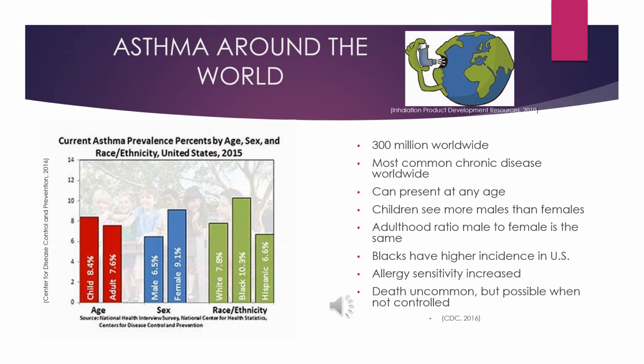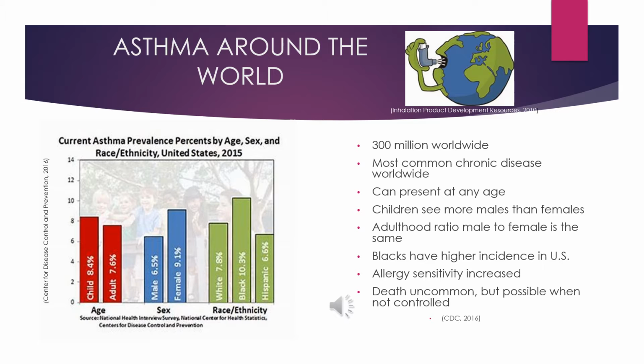Okay, so now what we're going to talk about is asthma around the world and here in the US. You probably are aware of at least one person who has asthma and carries an inhaler. It's a very common disease. 300 million people worldwide have asthma. It's the most common chronic disease in the world. And it can present at any age, as we've discussed: birth, adolescence, or even adulthood.